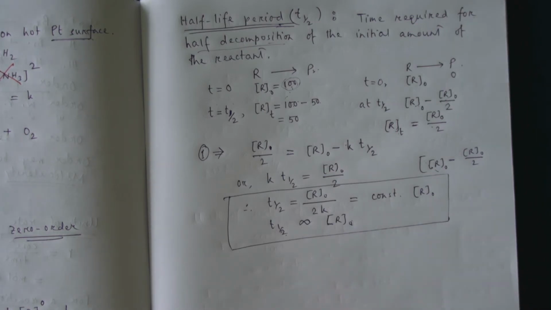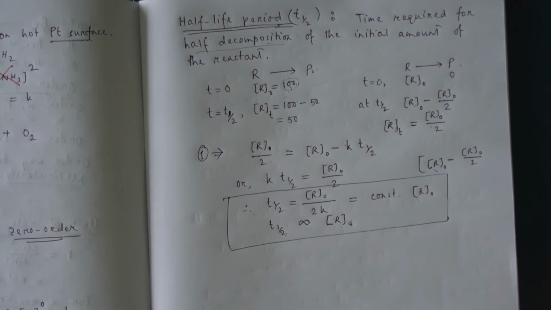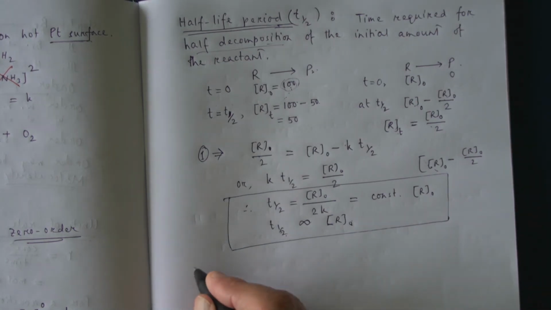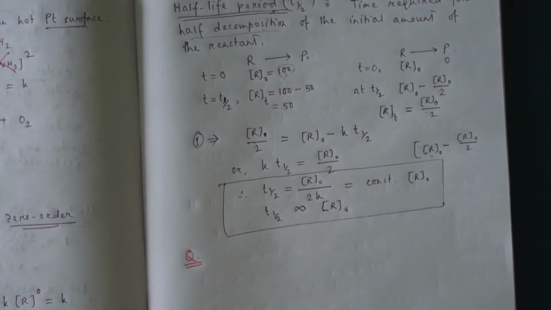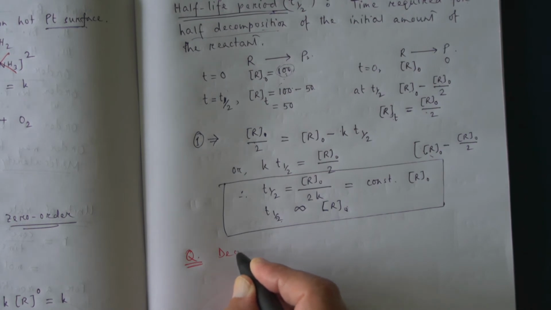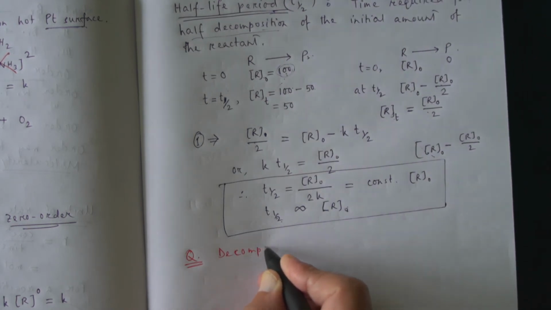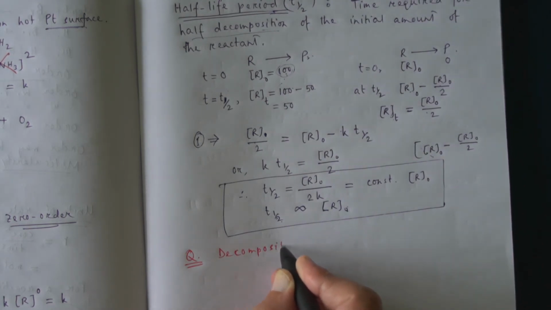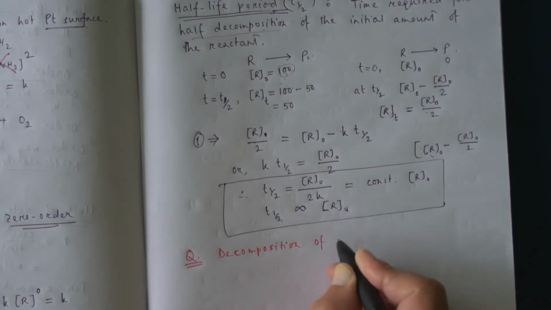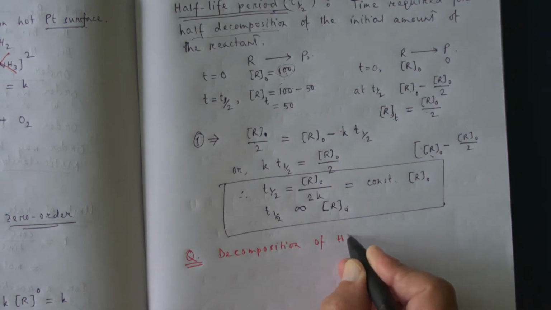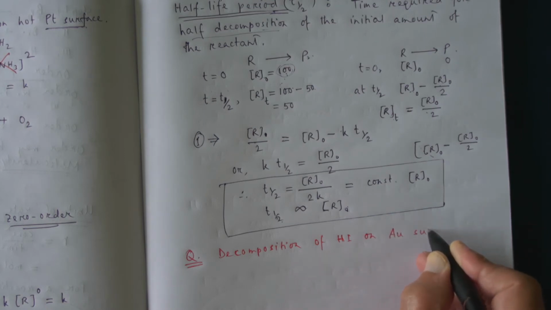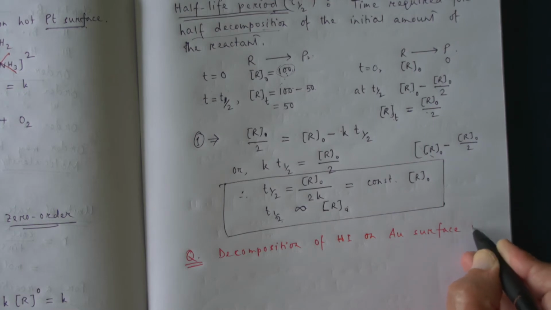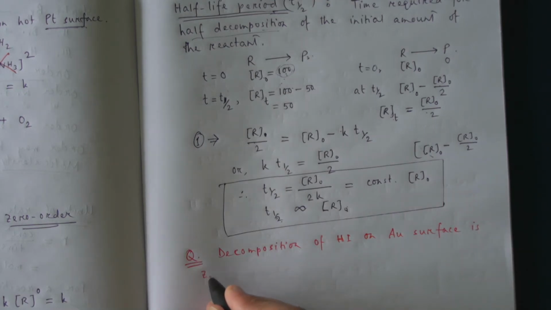Now let us solve small problems. Let us solve two small problems. Say decomposition of hydrogen iodide on gold surface is zero order reaction.